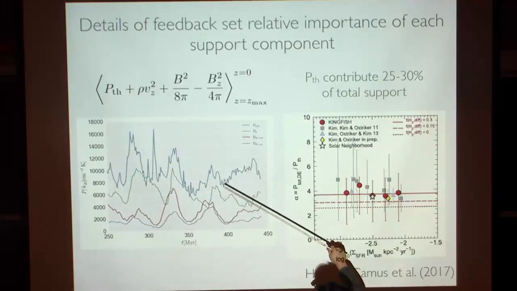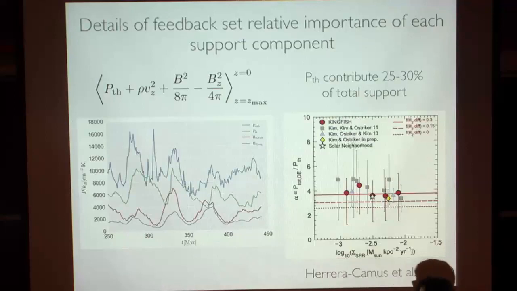And this is what we got from the numerical simulation without any tuning, the ratios between the pressures. There is lots of uncertainty in measuring this, but at least the first try was quite successful: they measured this total pressure over the thermal pressure, and their measurement agrees quite well with our model. So, okay, it looks good.